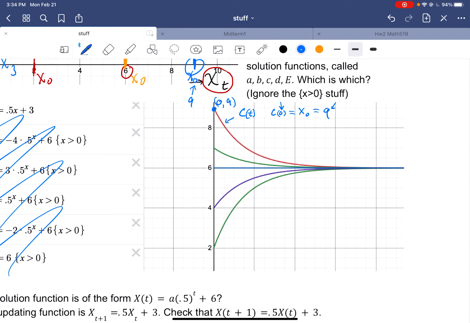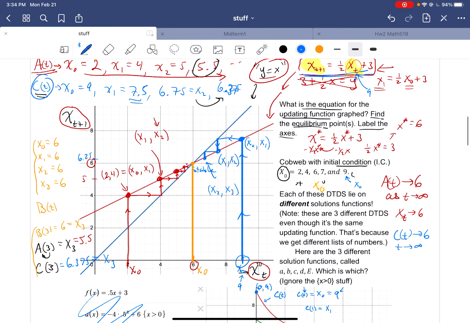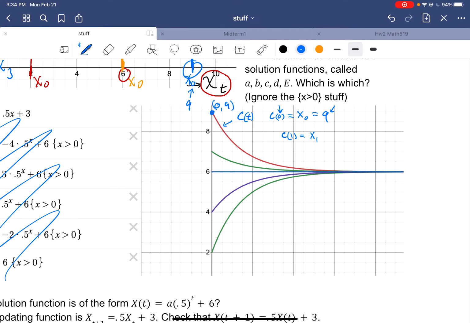I also know that C of 1 had better be x sub 1 for my blue path, and if I go up here, that's 7.5. Let's see if it looks about right. Here's 0. This bar here is 1. This bar here is 2, and 3, and 4, and so on. When I plug in 1, I land right here. And yep, if this is 7, this is 7.5. So sure enough, C of 1 is 7.5.